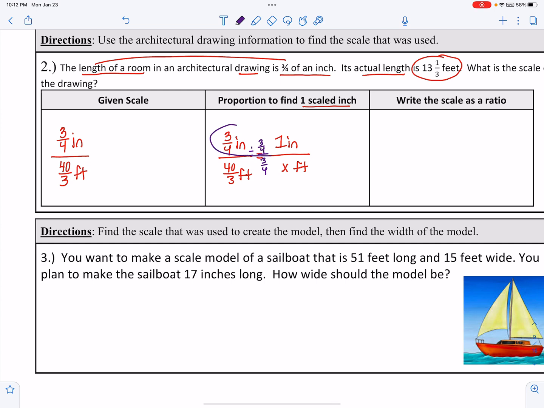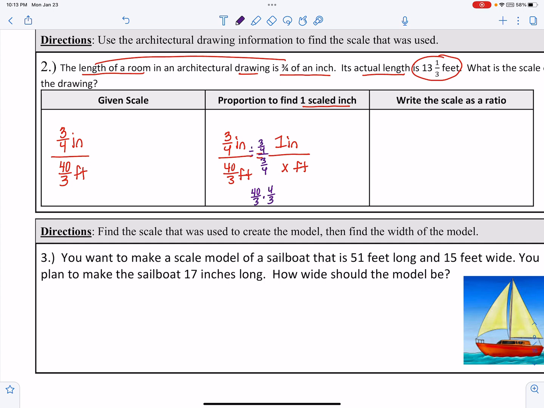The top equals the one whole. I just have to do the bottom. Remember, we don't divide by a fraction, so I'm actually going to do 40/3 times the reciprocal, which would be 4 over 3. And I'm going to see if I can cross simplify. I cannot, so I'm just going to multiply straight across.